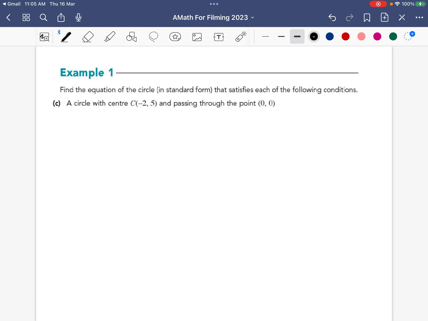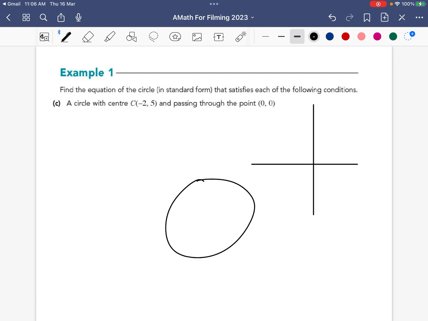Now this one says that this is a circle with center (negative 2, 5) and it passes through the origin (0, 0). Maybe I can sketch a little sketch to help you with this. I will draw the x and y axes. Then I can have a circle like this.